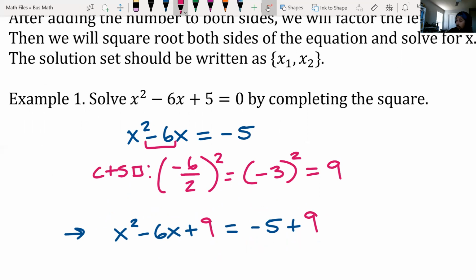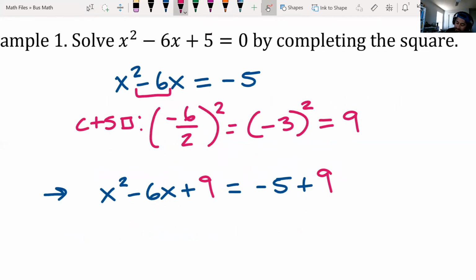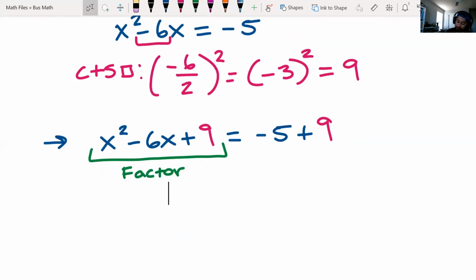So after you complete the square, after you take the middle term, divide it by 2 and square it, we add it to both sides. Now, once you do this process, the left side becomes factorable. So this means that we can always factor the left side. It will always be factorable no matter what after you complete the square.